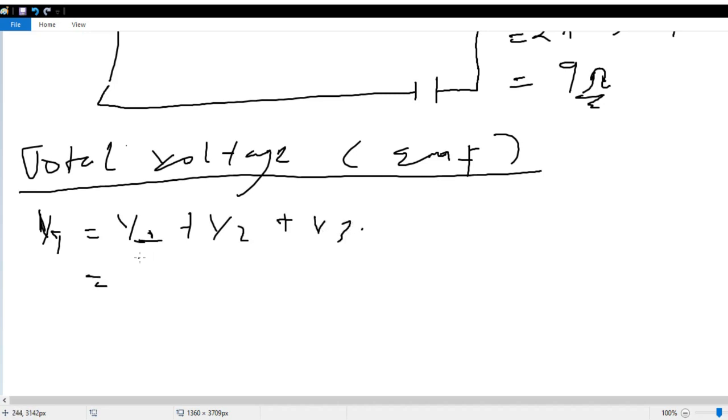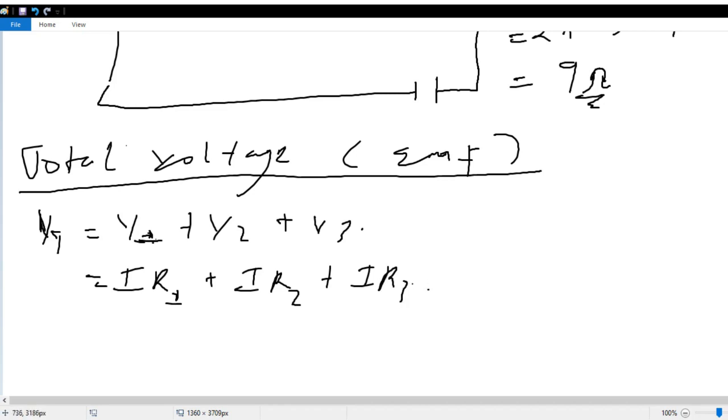And since we know that the formula of calculating voltage here is current multiplied by the resistance, so here you can say current multiplied by resistance 1 plus current multiplied by resistance 2 plus current multiplied by resistance 3.